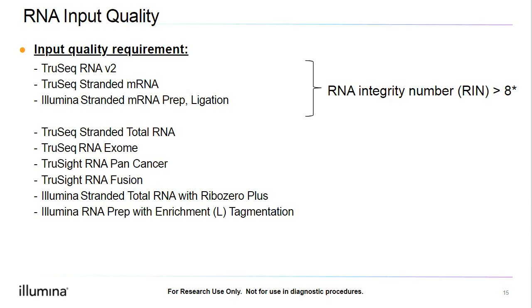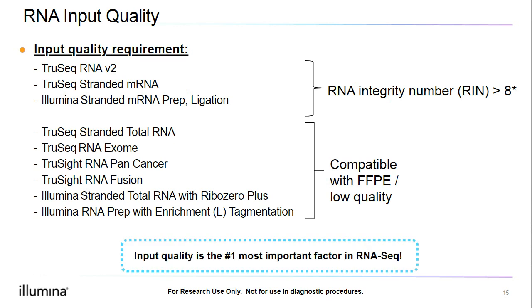If we do have FFPE samples or samples with a RIN value less than 8, we recommend using either the TruSeq or Illumina Stranded Total RNA, TruSeq RNA Exome, Pan-Cancer Fusion kits, or the Illumina RNA Prep with Enrichment Tagmentation Kit. These have been developed to be well-suited with FFPE. Keep in mind that input quality is the number one most important factor for RNA-Seq, so we definitely want to check our input quality.